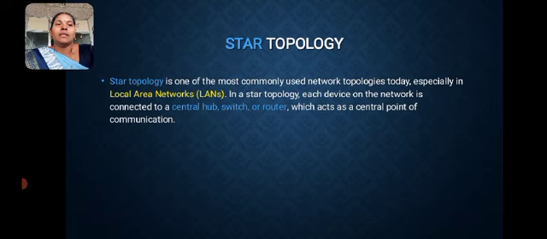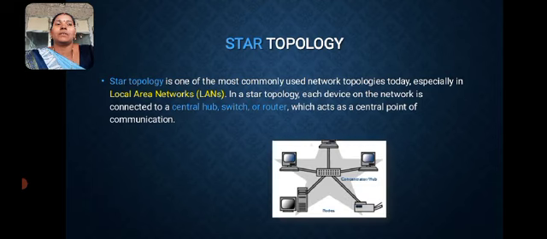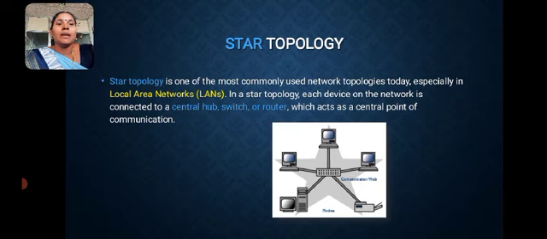In star topology, each device on the network is connected to a central hub, which is also called a switch or router. It acts as the central point of communication. Here in the example, the centralized hub is connected to more than one device using separate links.